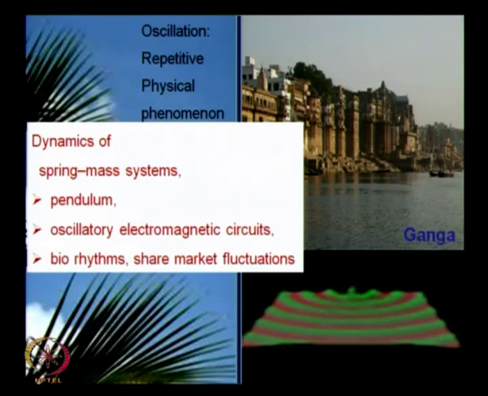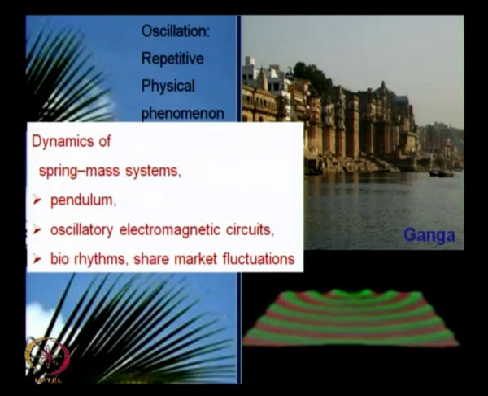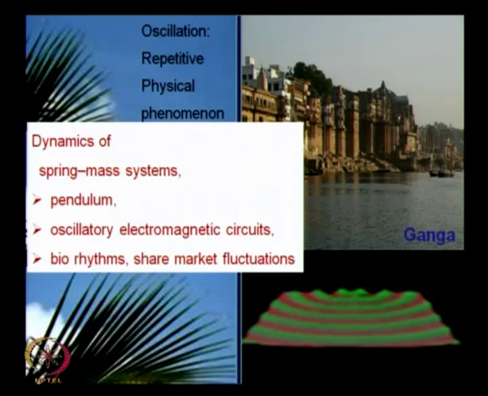Then the light around us consists of electromagnetic waves, and the electric vector and the magnetic vector which constitute the electromagnetic waves perform certain oscillations about equilibrium points. Then there are biorhythms, and then even things like share markets which fluctuate, and I will not be talking very much about it because I never had enough money to invest in that.